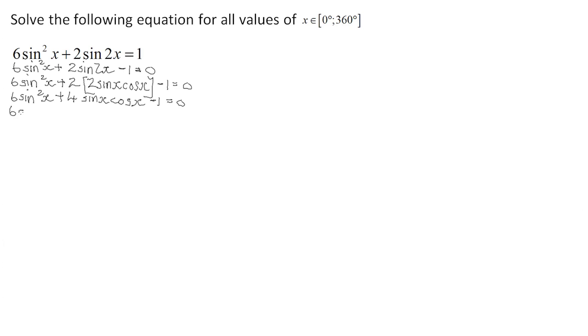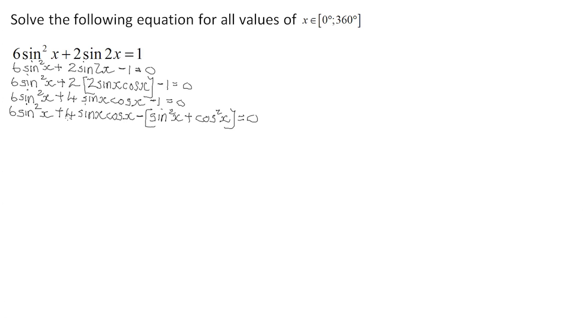So 6 sine squared x plus 4 sine x cos x minus, very important, what is 1 in terms of sine and cos? 1 is equal to sine squared x plus cos squared x, and that is equal to 0.